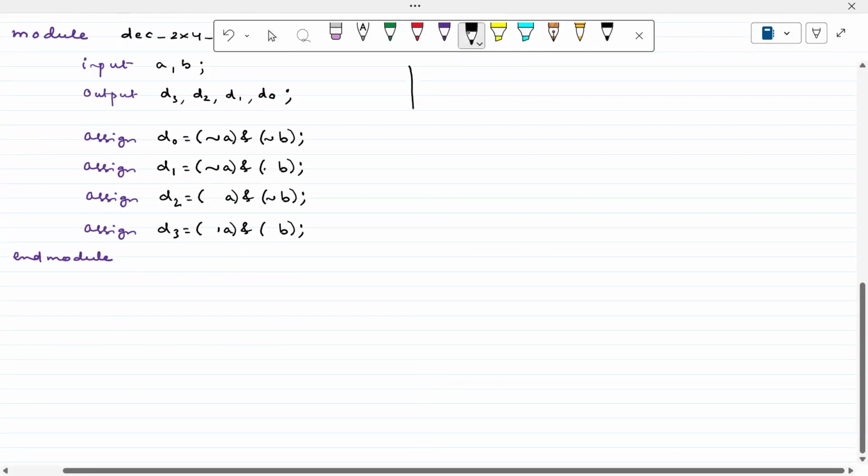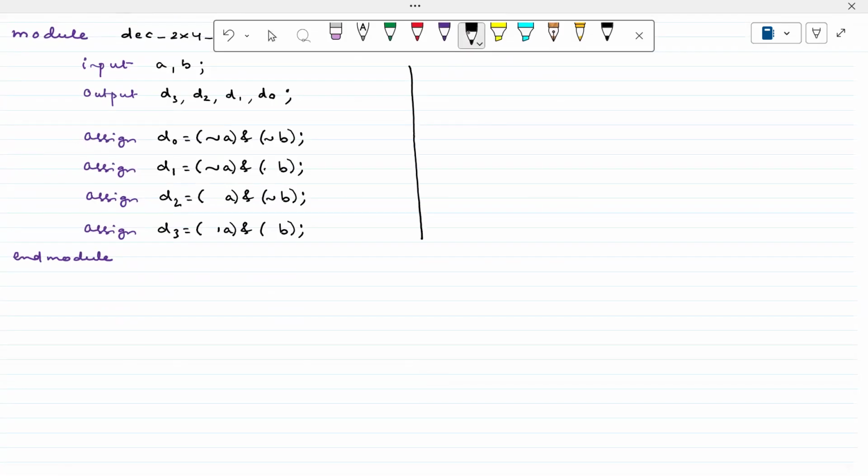We have to consider one variable A, and we have to consider the complement also, right? A bar is also required. Next, we have to consider B, and B bar is also required.